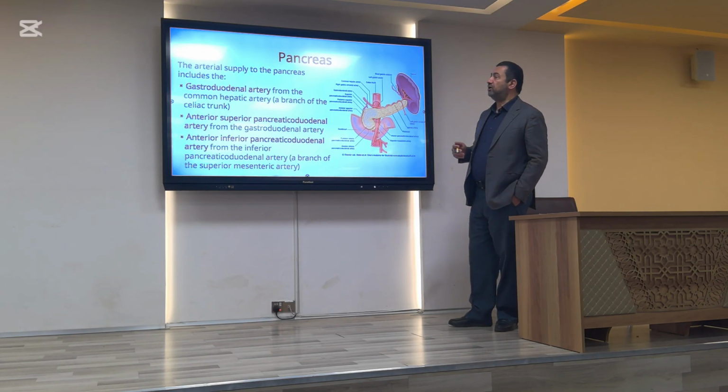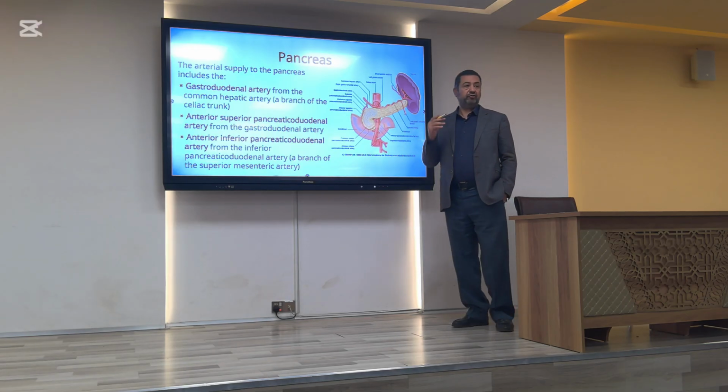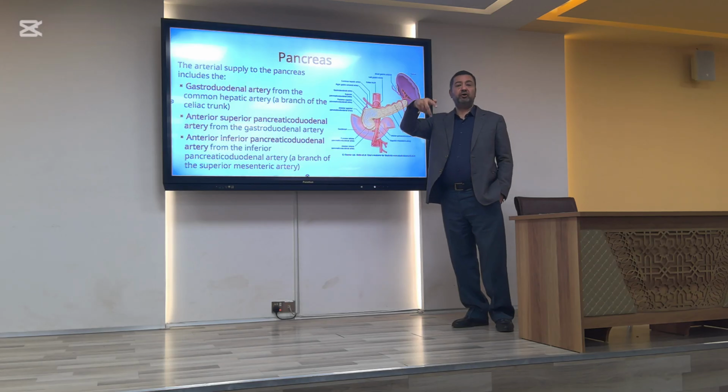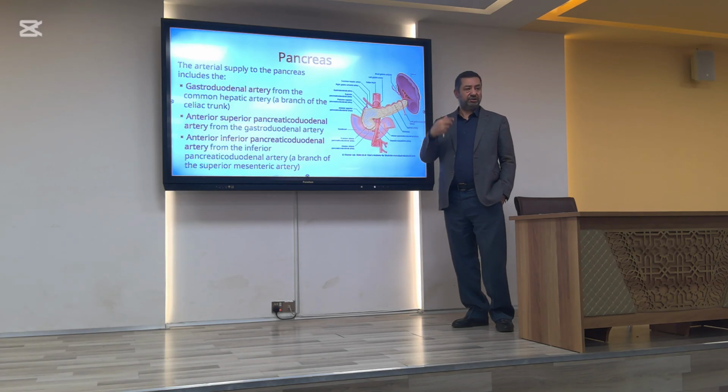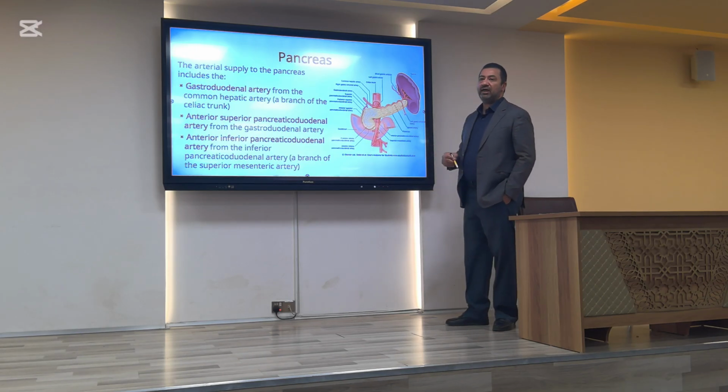The arterial supply to the pancreas includes the gastroduodenal artery. If you remember, I told you there are two superior pancreaticoduodenal arteries, anterior and posterior, which descend from the anterior and posterior surfaces of the head.